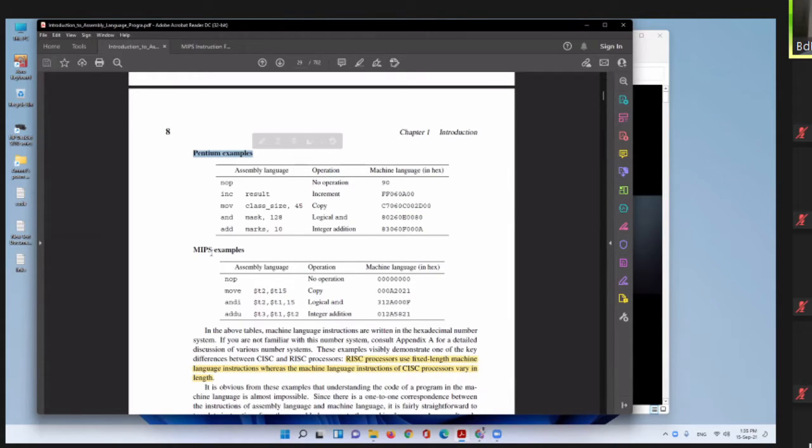If you look at the MIPS processor, these are all fixed length. Whatever you write, the length of the machine language is the same. That is the advantage. That is the 5th feature. If you remember, the 5th design principle, number 5, that is fixed length of machine language.